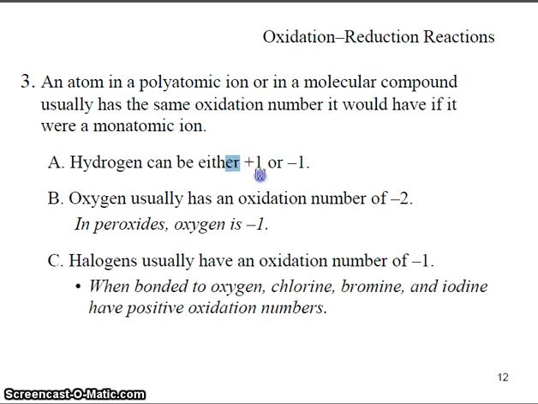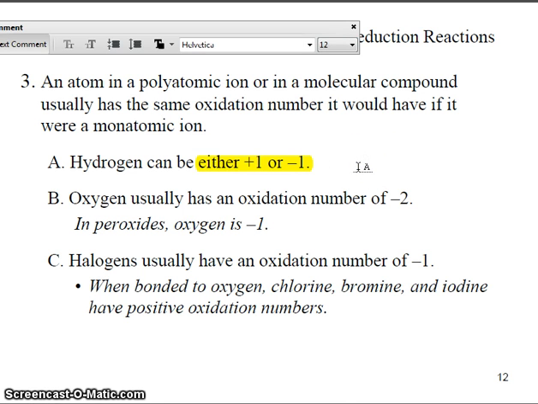The only time that it will get a -1 is if it is bonded to a group 1, group 2, or group 3 representative metal, such as lithium hydride, calcium hydride, or aluminum hydride. That is the only time, and you can consider that hydrogen is going to be -1 in that case. Otherwise, by default, it is given a number +1.